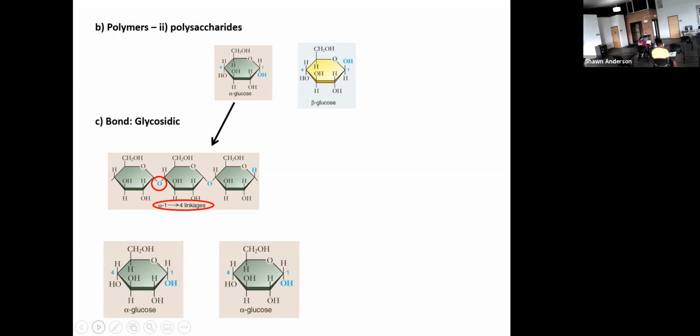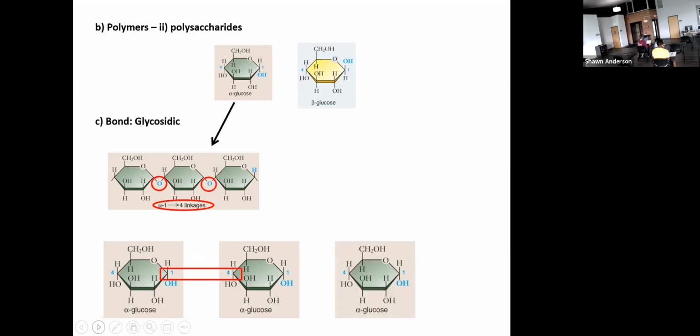So there's going to be a bond between carbon 1 on this alpha glucose, and carbon 4 of another alpha glucose. So alpha linkages binding together two alpha glucose molecules, 1,4, that's where the bond happens. So right there, bam, there we got it.